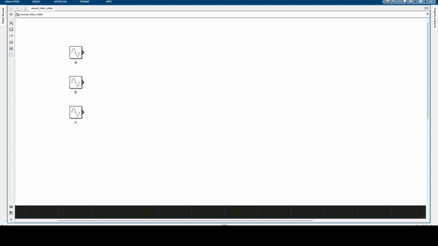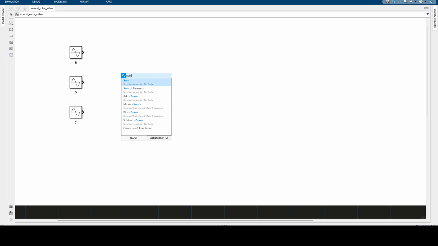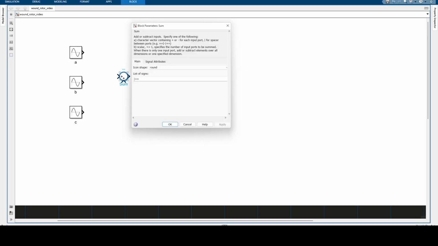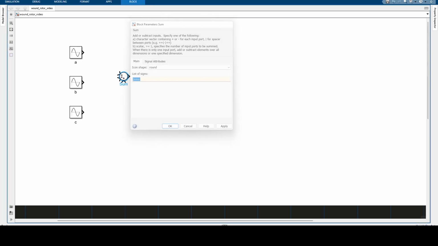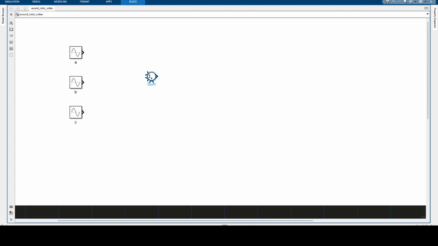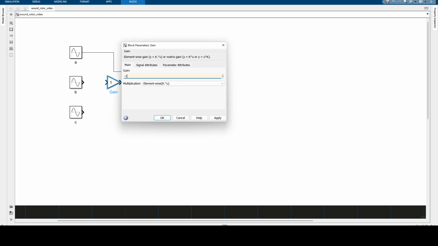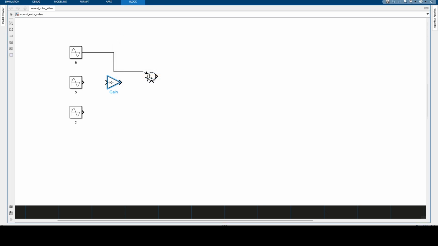Now we need to transform this into our alpha beta reference frame, and if you remember, that's our Clarke transform. So we are gonna have that this is equal to A plus 1 minus 1 half B. So let's put it over here.